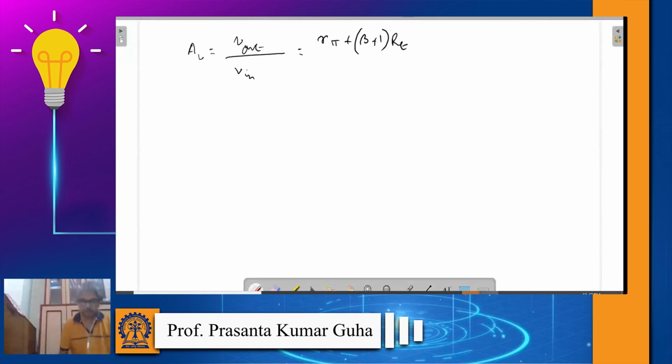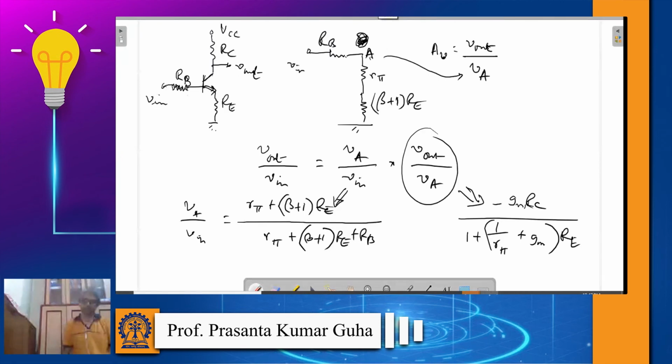Sir, just the previous page. Sir, when you are placing an extra resistance RB, you are reducing the gain, right? Yes. So then what is the use of doing that? Because we want the gain to be highest. No, I am not intentionally adding that. Actually, what happens is whenever you connect a source which you want to amplify, the source will have internal resistance associated with it.